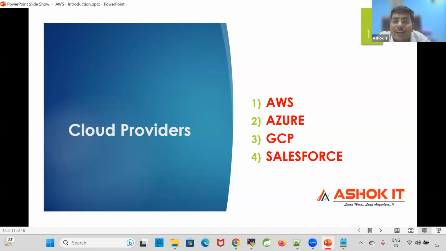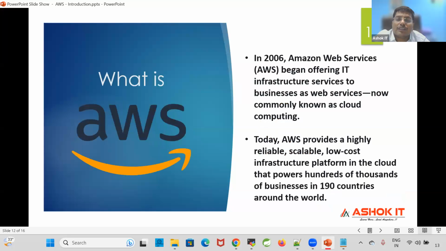AWS cloud started in the year 2006. So Amazon company started cloud computing from 2006 onwards. From 2006 onwards, this AWS cloud is there in the market, almost 17 years.